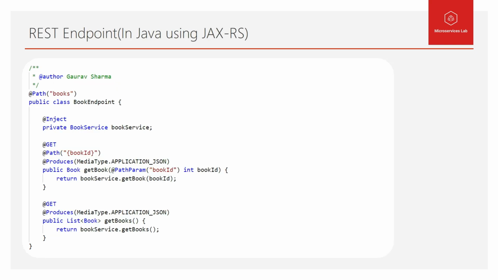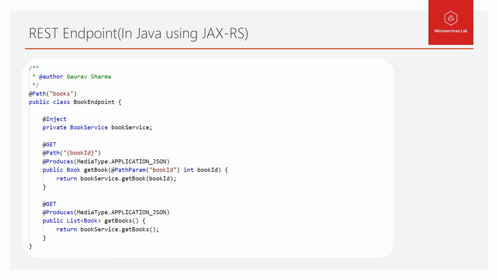This is an example of a REST endpoint written in Java using JAX-RS. Here the book endpoint is exposed, or is identified, using the path books. There are two operations or methods in this resource or endpoint, getBook and getBooks.